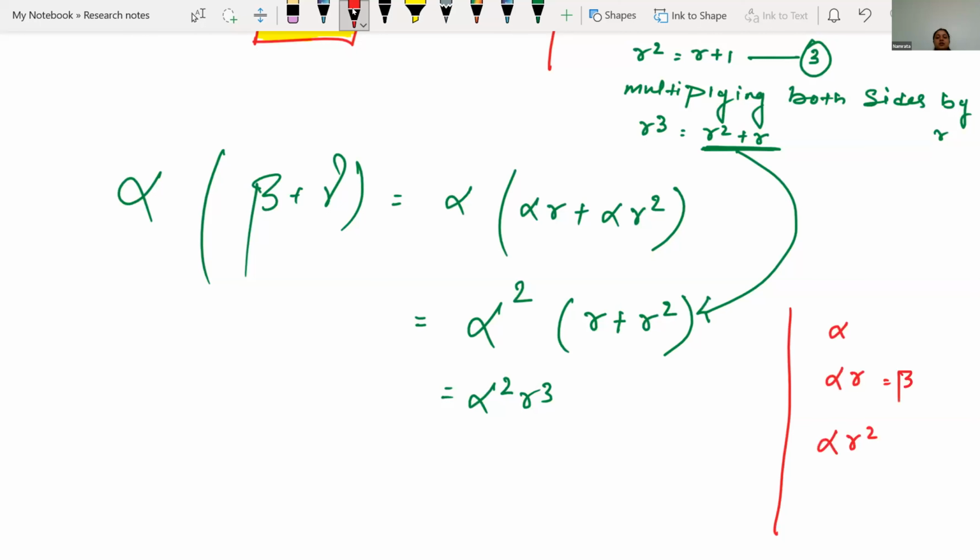This is beta's value, this is gamma's value, which we have taken according to the given condition. So alpha square r cube, can I write it as alpha r square? Okay, let's keep alpha as alpha only, and then one more alpha.